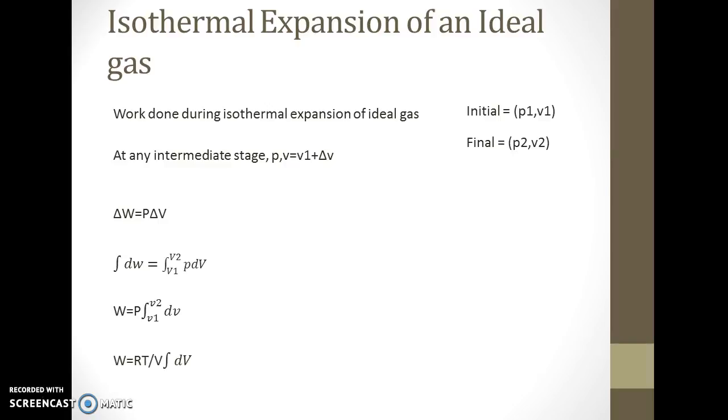From the ideal gas equation we can write P as RT by V. So work done is equal to integration of RT by V dV. By following basic mathematical operations, we get the final equation of the work done, that is W is equal to RT ln V2 by V1.